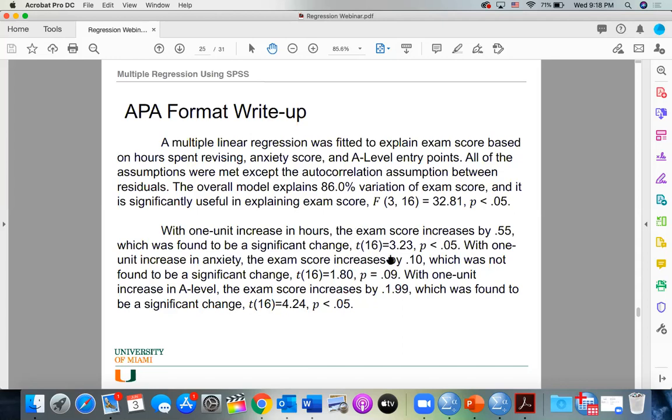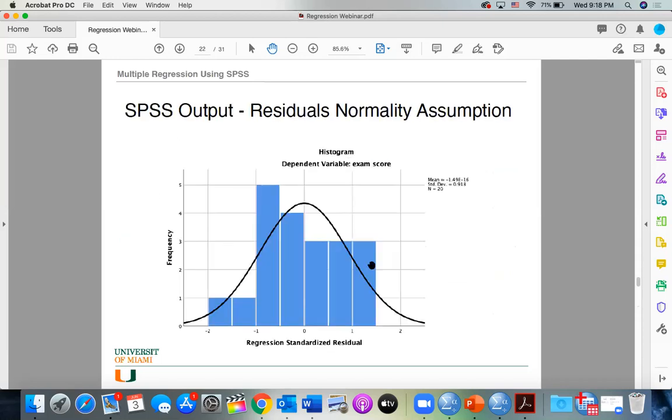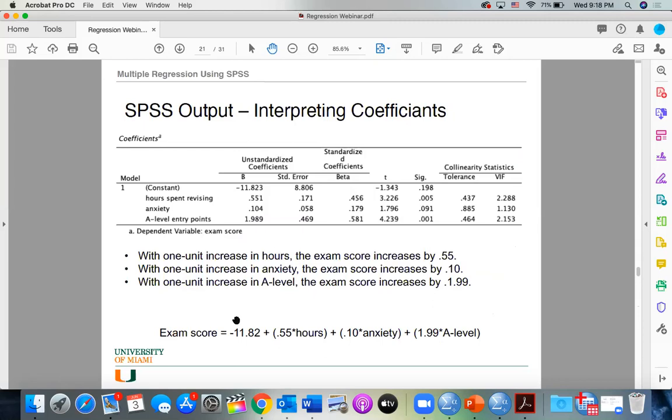This was the t-value, and the degrees of freedom for the t-value is always the second degrees of freedom from the F statistic. So in this case, it's 16. And this is the t-value, which was found to be significant, and the p-value was less than 0.05, and so on for other variables. You may want also to add the prediction equation, which was here. Sometimes some reviewers may ask you to provide this as well.